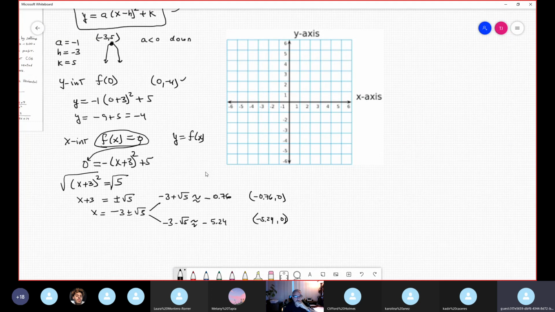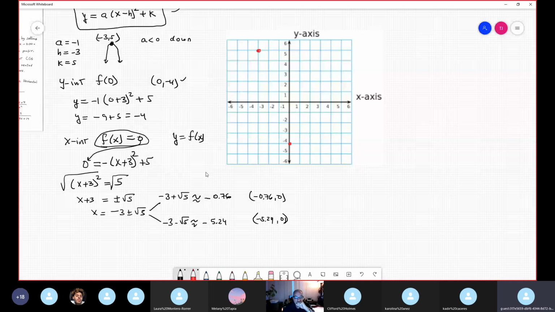The vertex of this parabola is located at the point (-3, 5), over there. I know that this parabola opens down. It also passes through the point (0, -4), which is here.